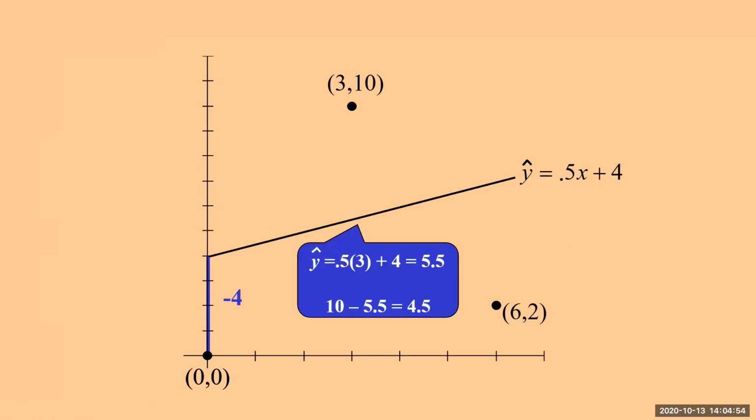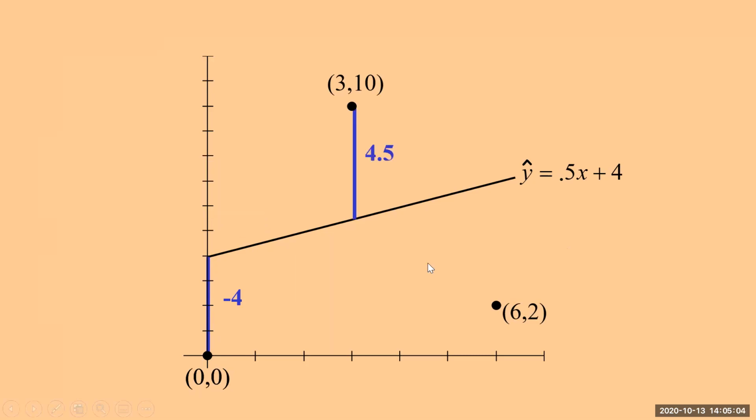Let's do the same thing with 3. If we plug in 3 into our predicted equation, the predicted y would be 5.5. So it is a difference of 4.5. And do the same with 6. We have a difference of -5 because the actual point is below.